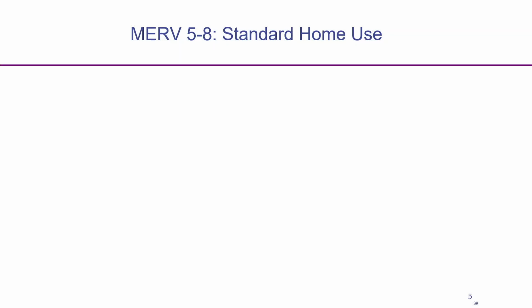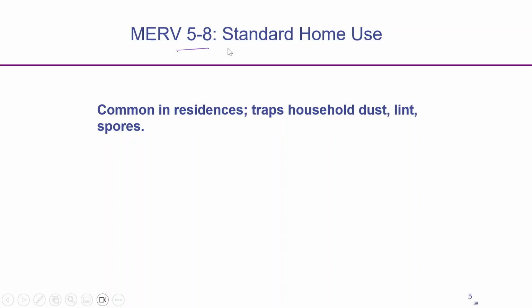MERV 5 to 8. Standard home use. Filters with a rating of MERV 5 to 8 we can apply for normal home use. Common residential application, trap household dust, lint, spores.